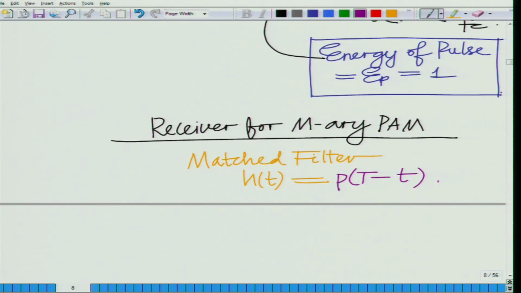The matched filter maximizes SNR, because if you go back and look at the derivation of the matched filter, we did not assume any particular modulation, we only assumed a pulse shape and a symbol A naught. A naught need not belong to any particular modulation. So, for any given pulse shape p(t), irrespective of the modulation scheme A naught, the matched filter maximizes the SNR.